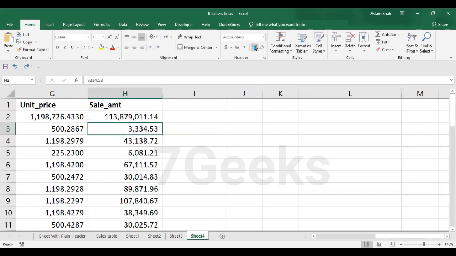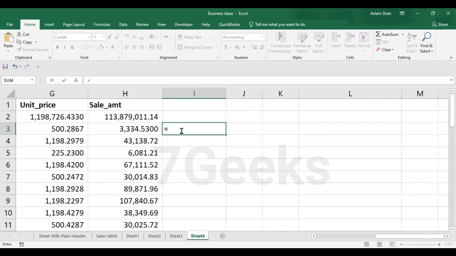Let me just show the other hidden values also. So I would write the equal sign and then round, and then select the value or the range, and then suppose I round it by 2 digits and then close the bracket.